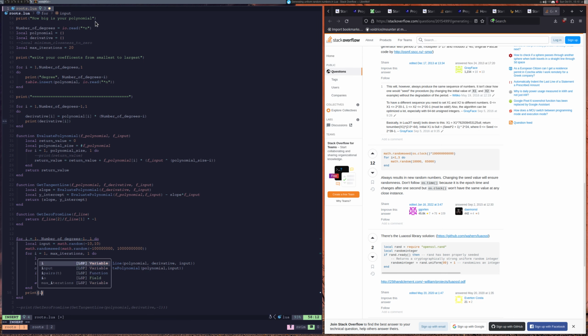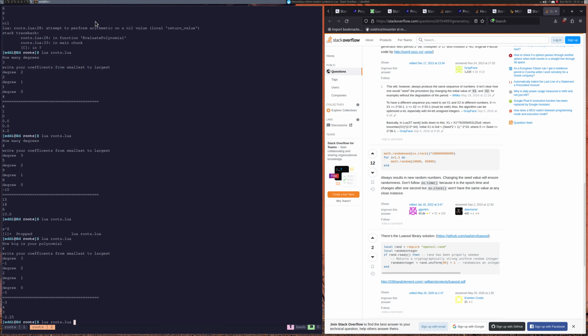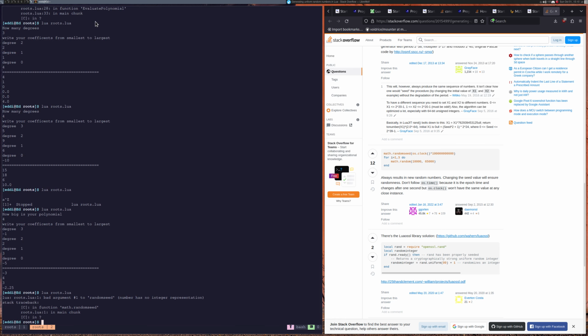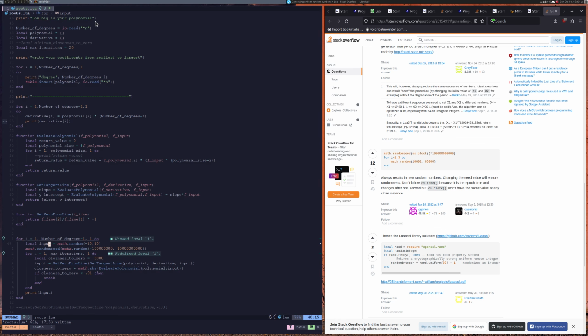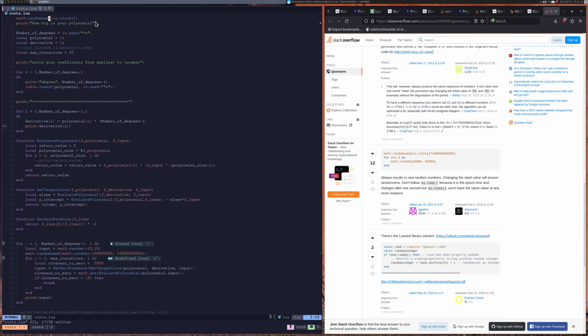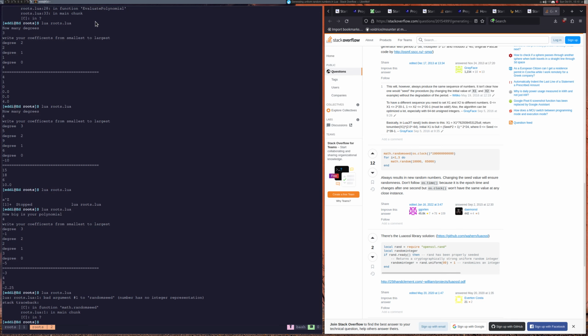Print. And then input. Alright. Let's see if it works. Whoops. Bad argument to randomseed: number has no integer representation.